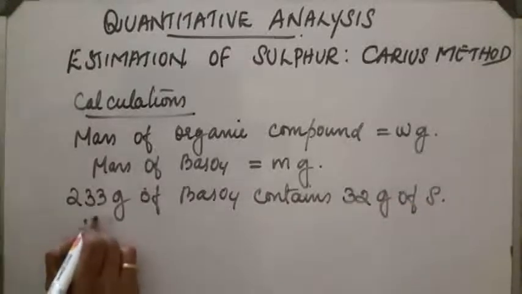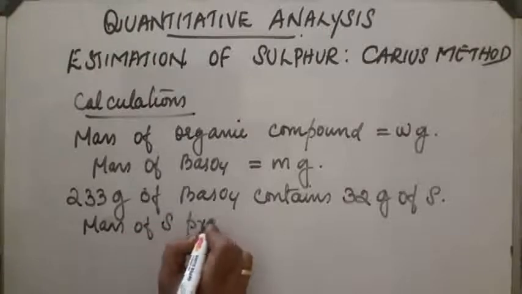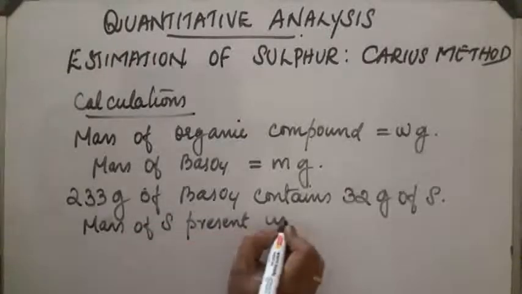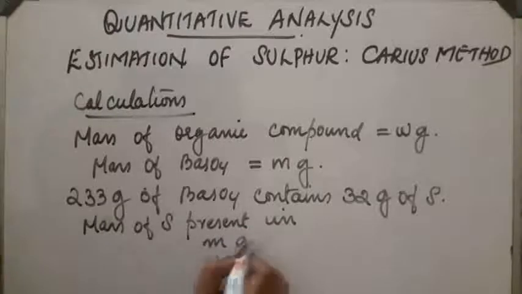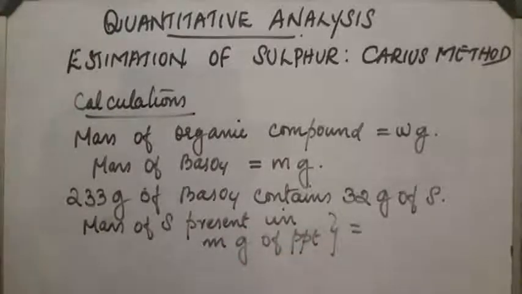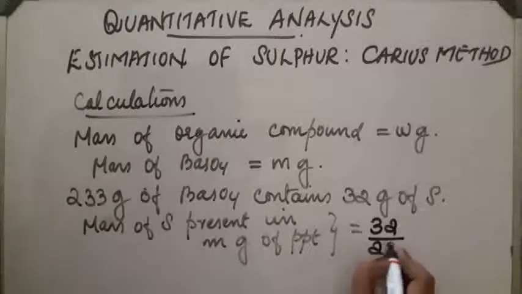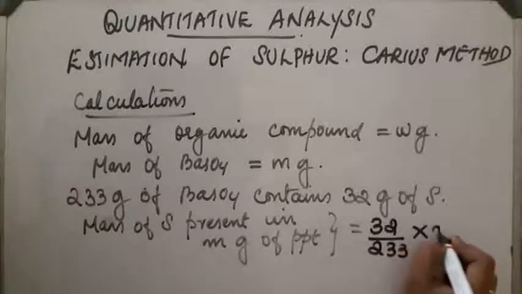Now the mass of sulfur present in m gram of precipitate will be equal to 32 by 233 into m gram.